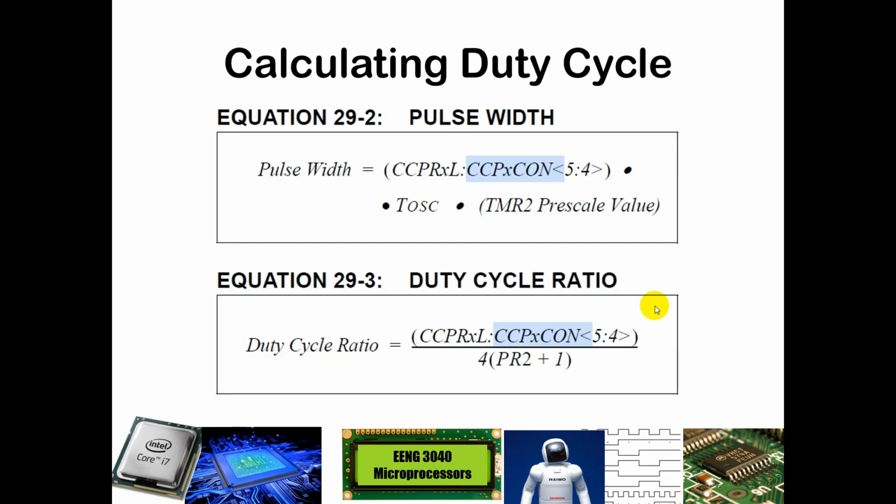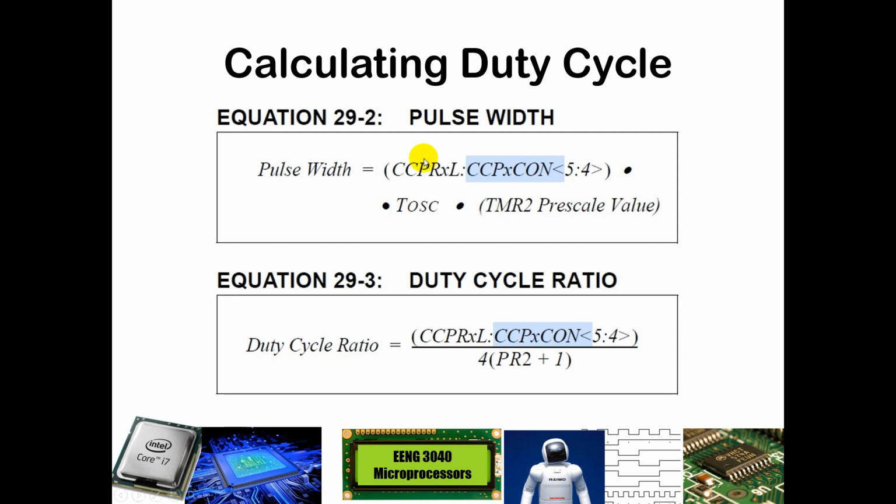If you look in the data sheet, you can find equations 29.2 and 29.3, and they showcase how the pulse width is calculated and how the duty cycle is calculated. We've already discussed the overall period, but now this is how long we are going to actually be high during that period.